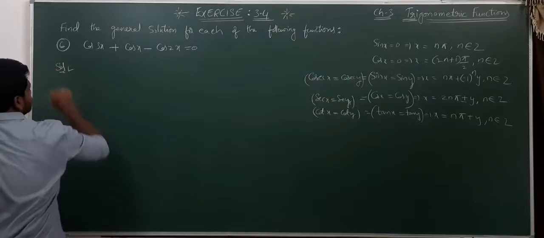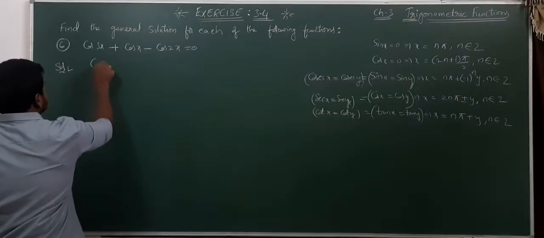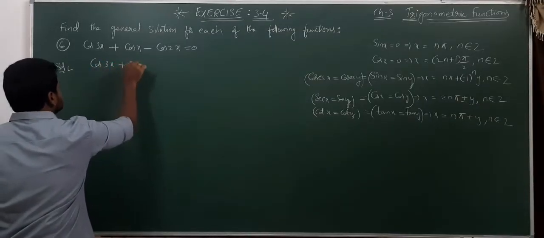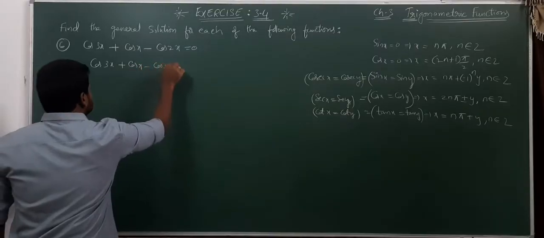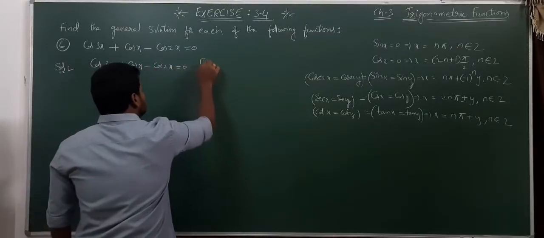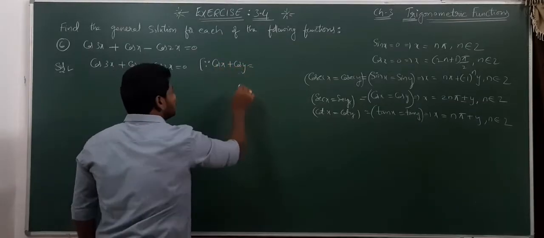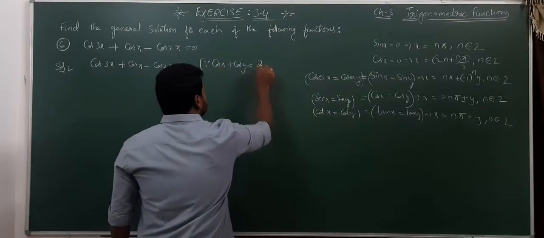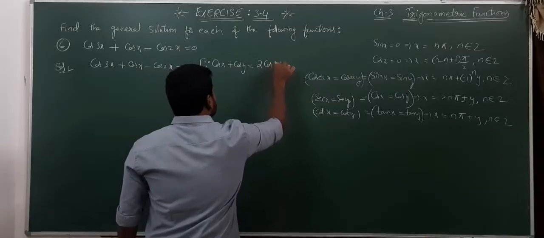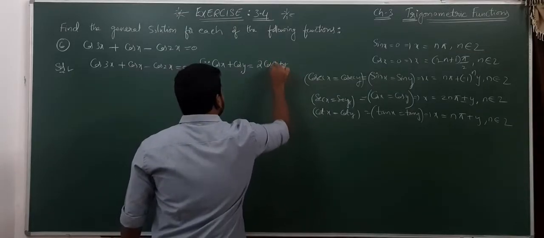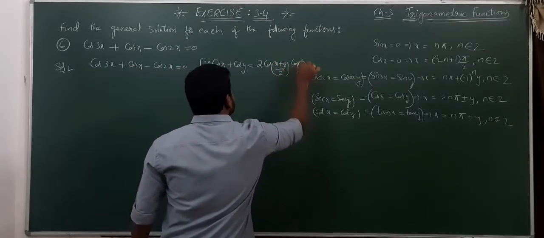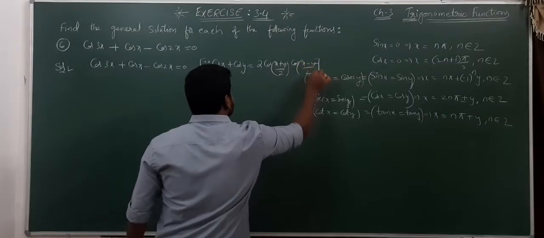First of all, how we will do is, this is the given question, right? Cos 3x plus cos x minus cos 2x equal to 0. We know the formula of cos x plus cos y, right? What is the formula? 2 cos of (x plus y) by 2 into cos of (x minus y) by 2.